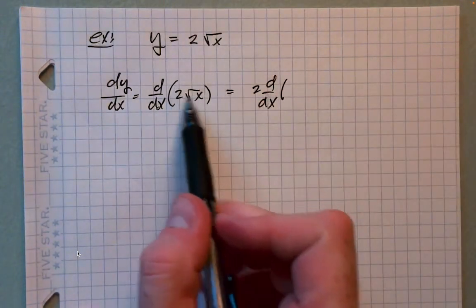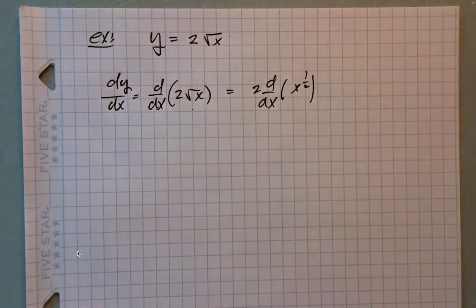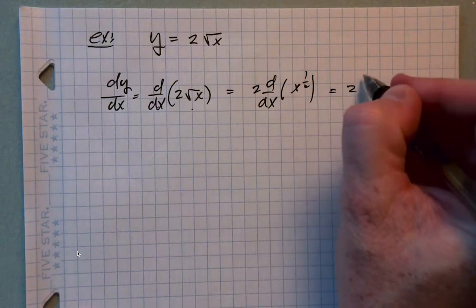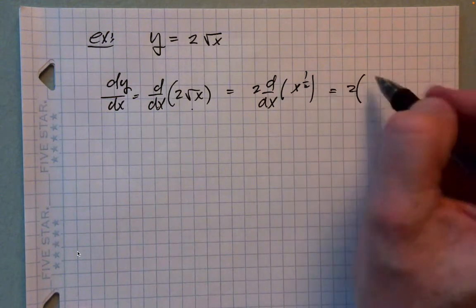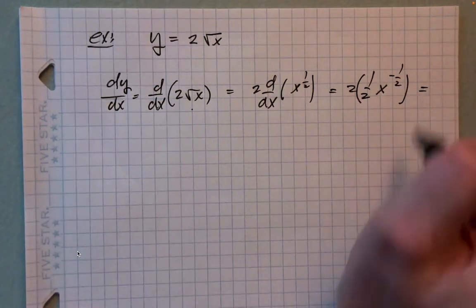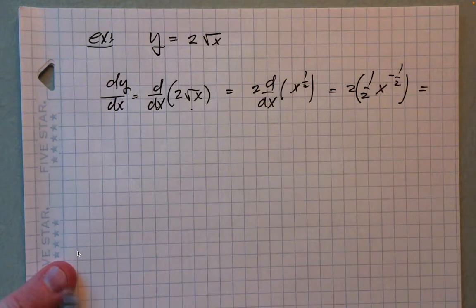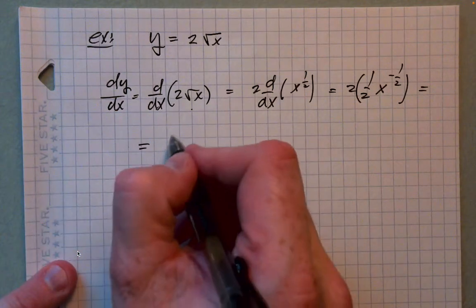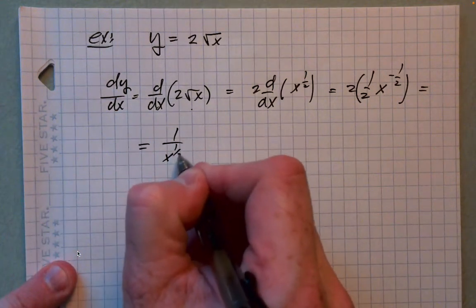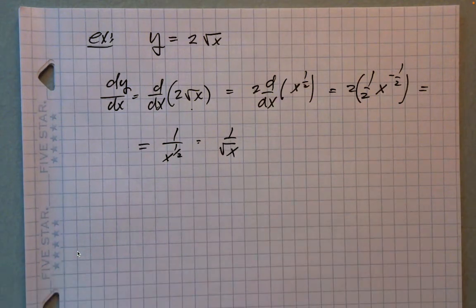And at the same time, we can recognize that the square root of x is just x to the 1/2 power. Right, and so that derivative would be 1/2 x to the negative 1/2, wouldn't it? Yep, and the 2 and the 1/2 would cancel out, and so I would be left with just 1 over x to the 1/2, which is 1 over the square root of x. All right. Very good.